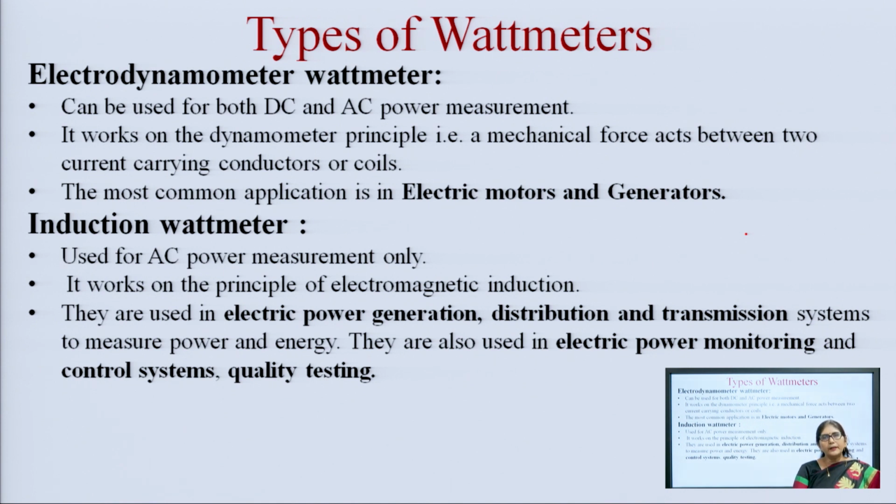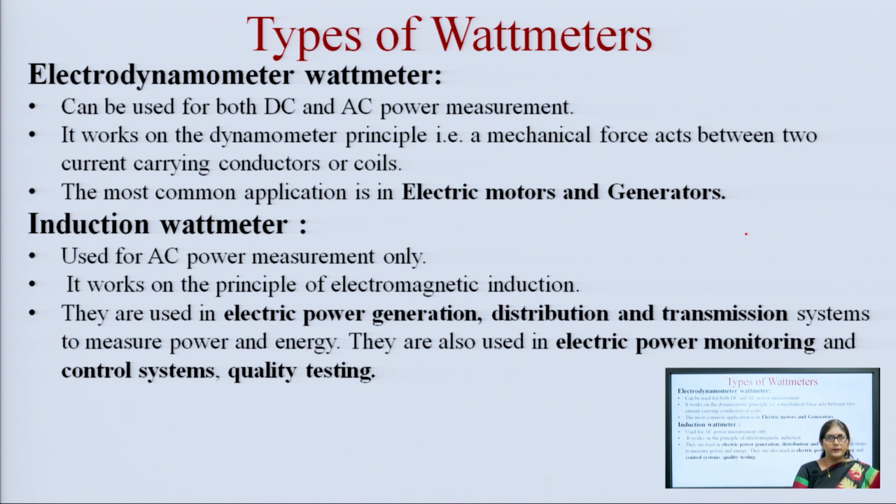So, if we keep one coil fixed and the second coil movable, the movable coil will move due to the mechanical force, and if an indicator is attached to that moving coil, it shows the power. The most common application of the electrodynamometer type wattmeter is in electric motors and generators, for measurement of power.